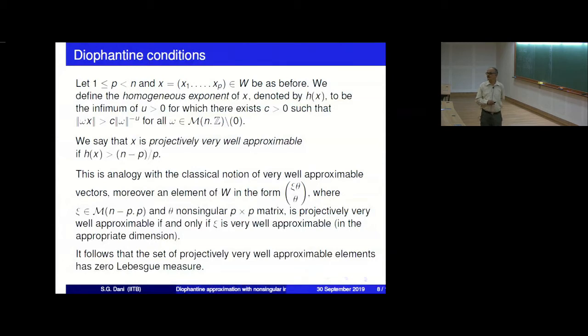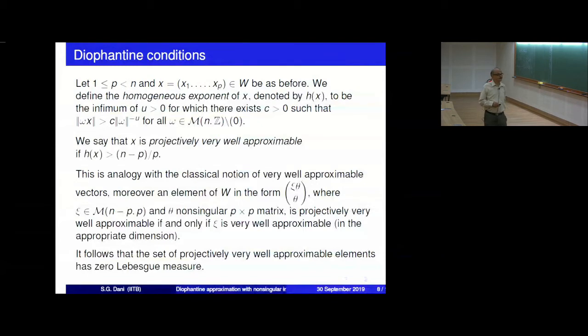So for the matrix xi, there is a classical notion of when it is very well approximable, and this notion of projectively very well approximable corresponds, for a matrix of this form, to xi being very well approximable as a matrix in the appropriate dimension.